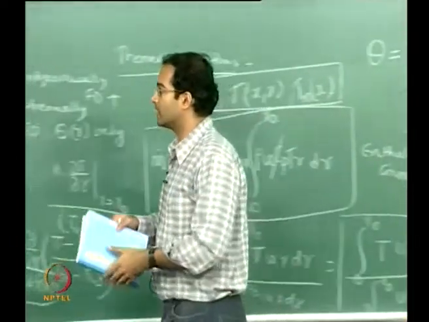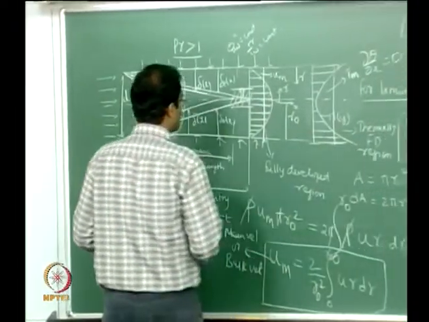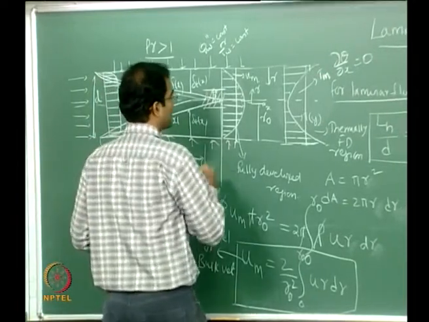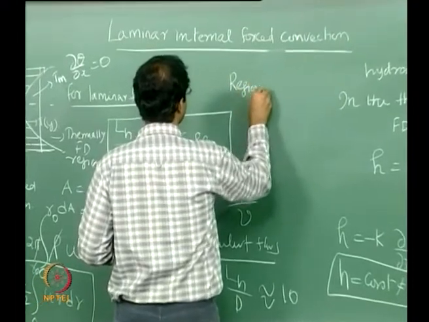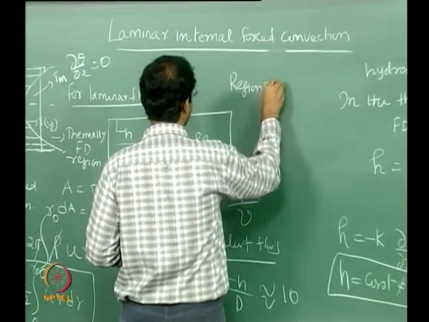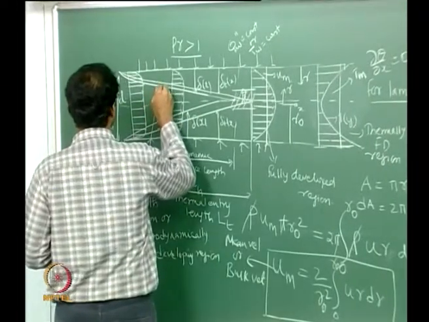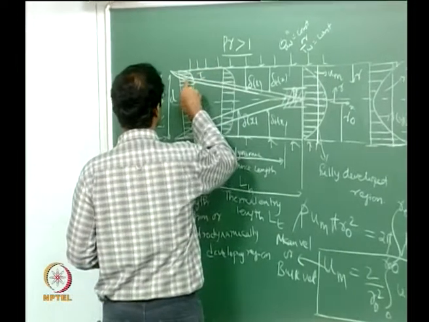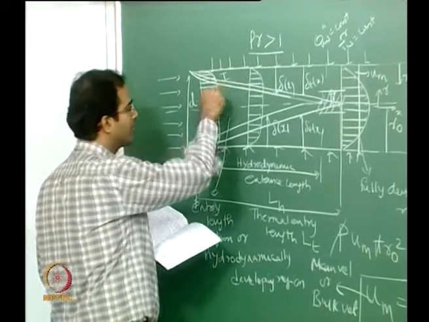With that, this gives you a brief overview of what we are planning to do, and in the next 9 hours or so, we will focus on 3 regions. Let me identify these. This is region 1 right here, where your velocity hydrodynamically is growing and also your thermal boundary layer is growing.